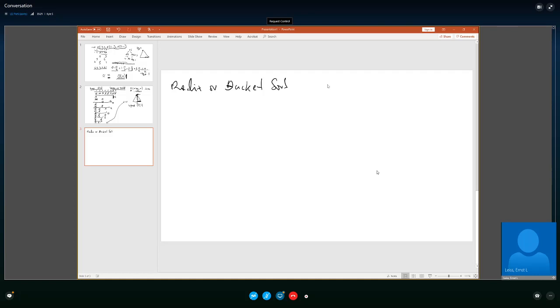So let's look at an example. Say I have ternary strings. We have 0, 1, 2. These are the three digits that we're looking at.